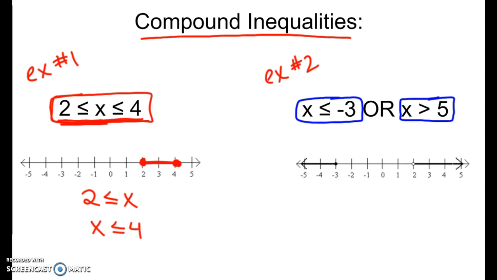That's how it's going to look when we see this or sign. We're going to have one point going in one direction, and another point going in the other direction. So make sure you notice the differences in the problems so that you can easily tell what graph you're going to be graphing for these compound inequalities.